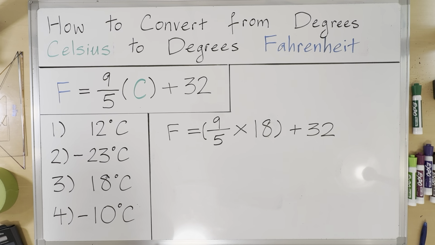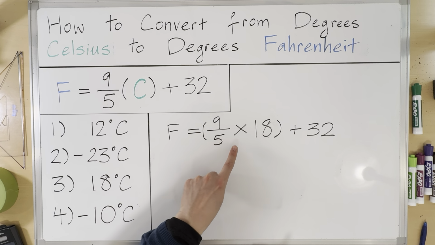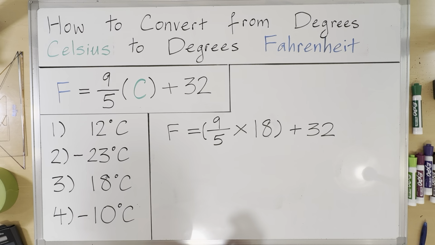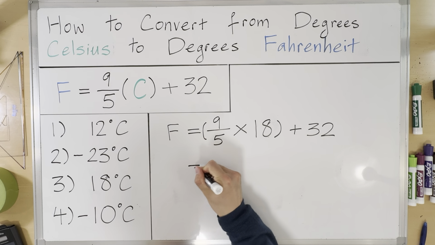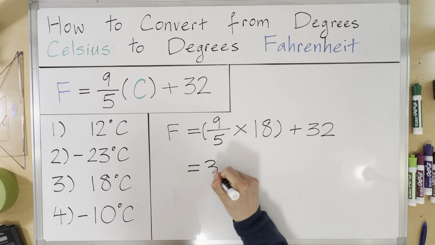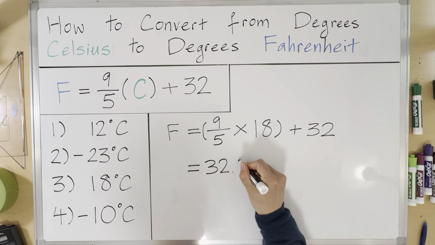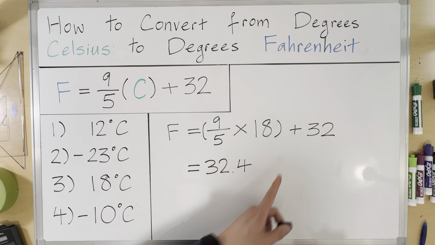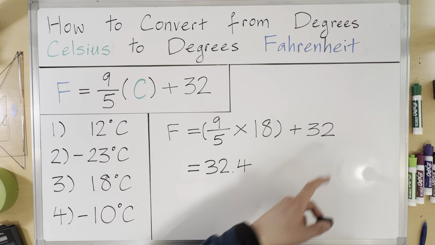And putting it into the calculator, 9/5 times 18 gives us 32.4. We will add 32 to it.